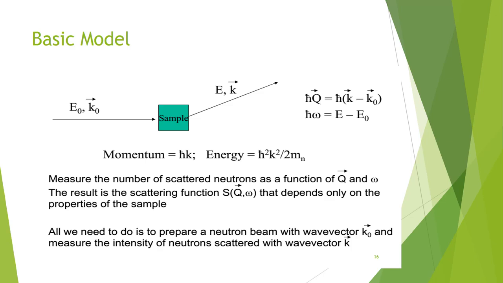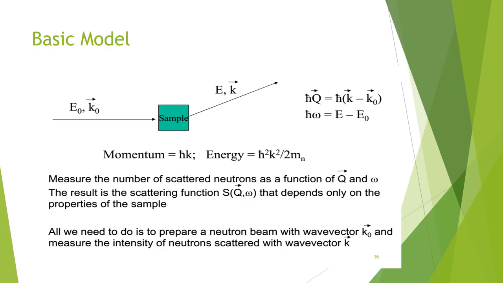Here is the basic model, which shows neutrons with different kinds of energies coming from the reactor, and after striking the sample, these are scattered at a certain angle and their energies also change.